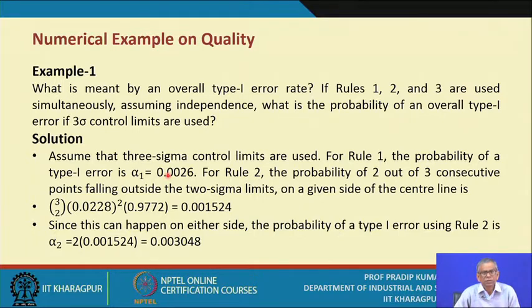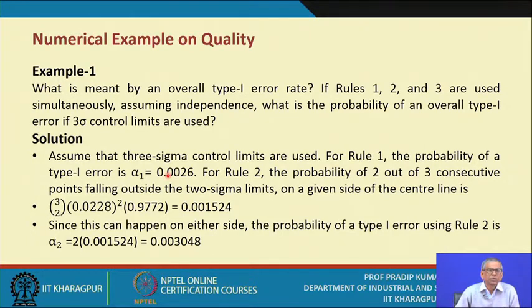We have already referred to the type 1 error, or the probability of making a type 1 error. We have already explained this concept, and the notation is alpha. Whenever any control chart is used, there will invariably be a probability of making a type 1 error. You cannot avoid it.